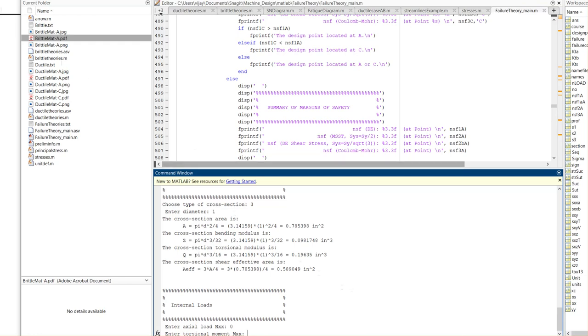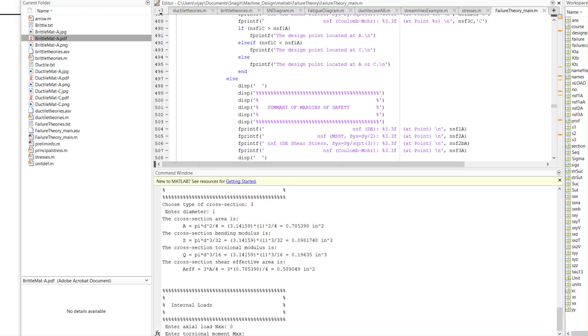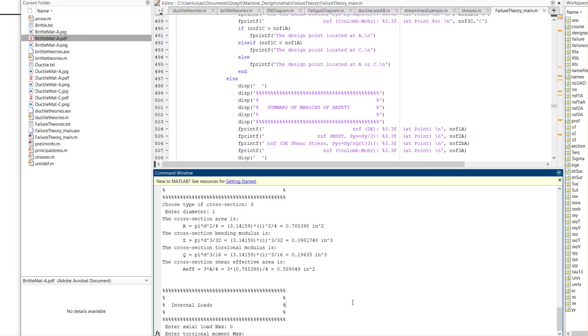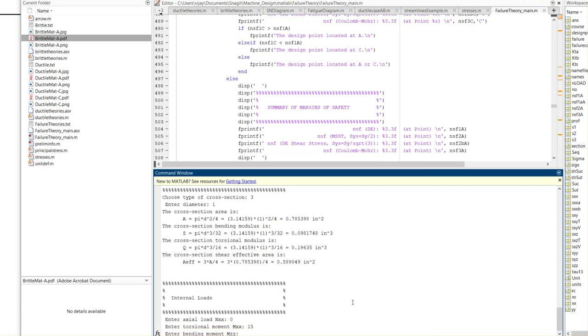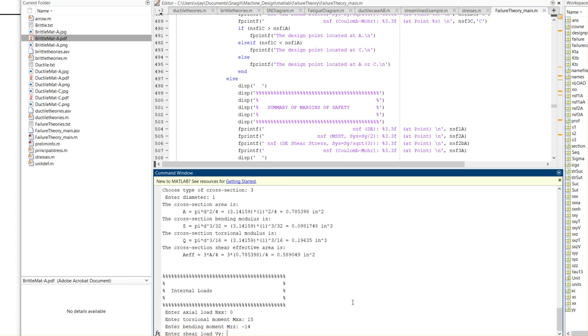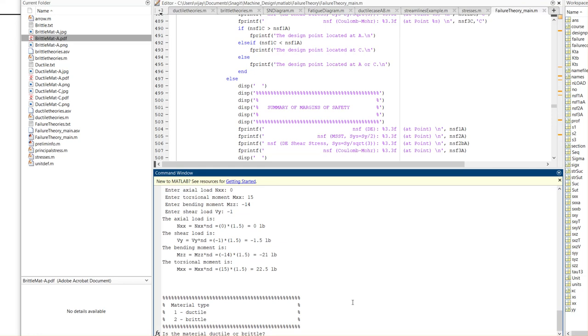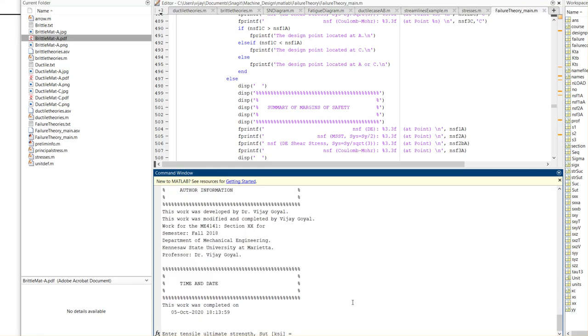Okay, I didn't have any axial load. My axial, let me look for it here. This was 15. Remember, I'm keeping the f out of the equation. Okay, this is minus 14, and this is minus 1. That's your b. And then this is brittle material.